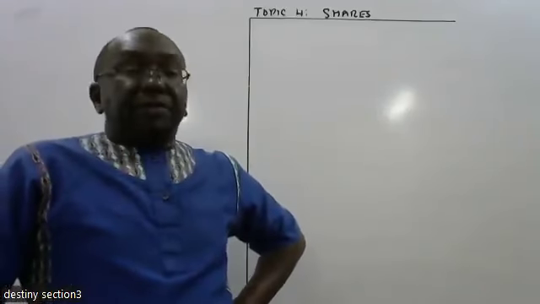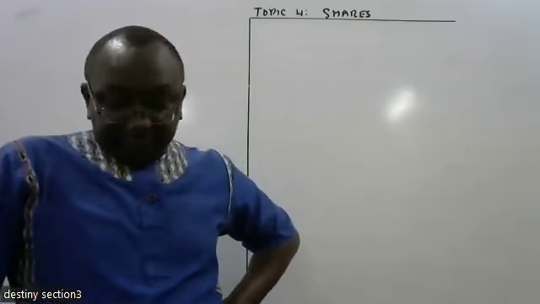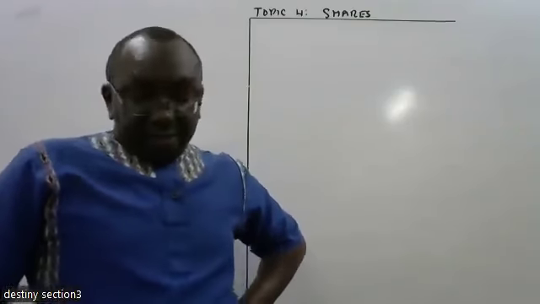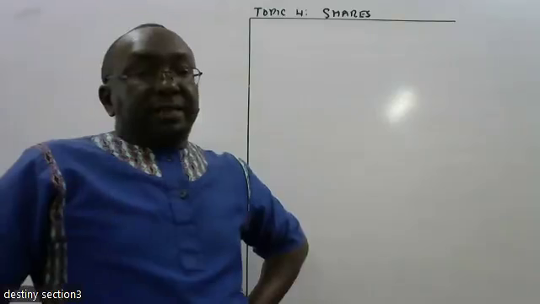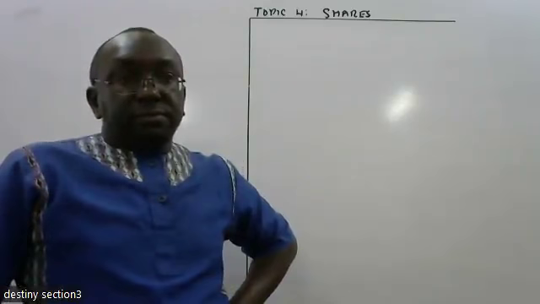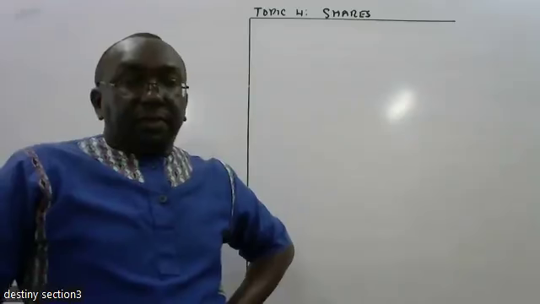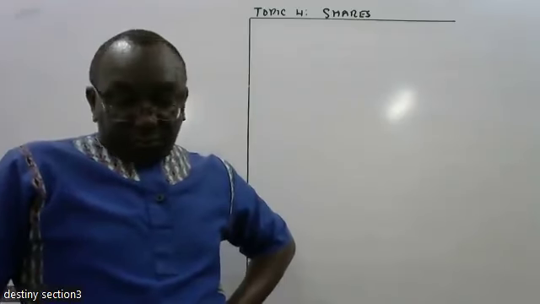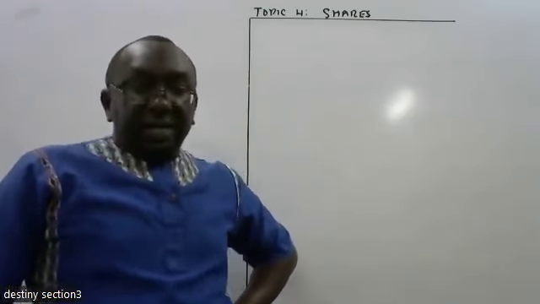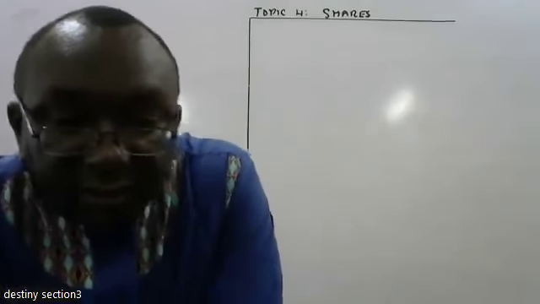Number four is number of shares held. Another one is serial number. Another one is date of issue. Another one is signature of directors.